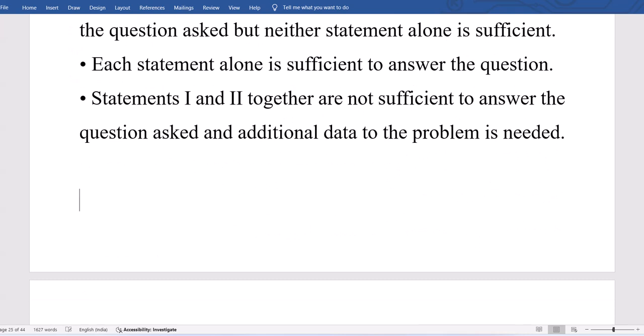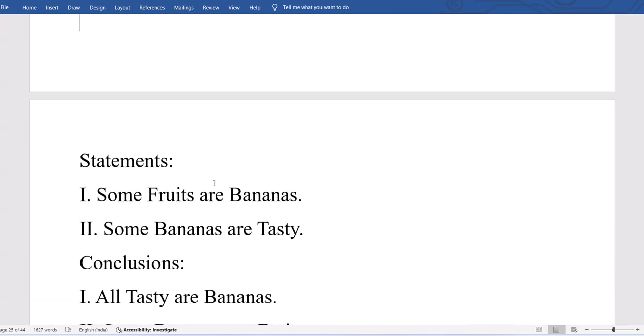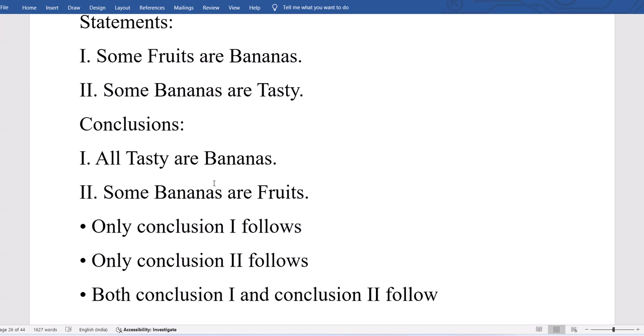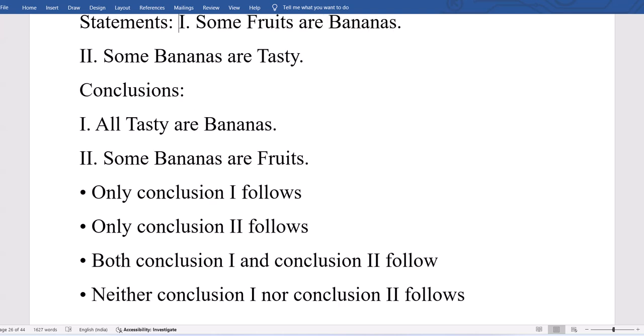Next one, syllogisms related. Some fruits are bananas, some bananas are tasty. Then what's your answer?